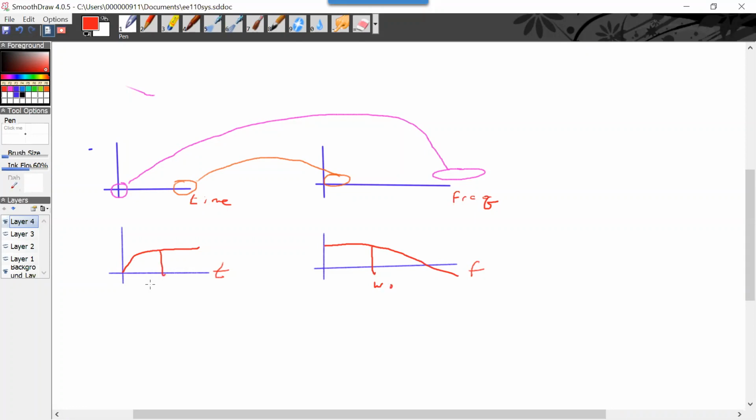And this is 5 divided by omega naught, where tau equals 1 over omega naught. Okay. Now, how would this play out in the high pass?